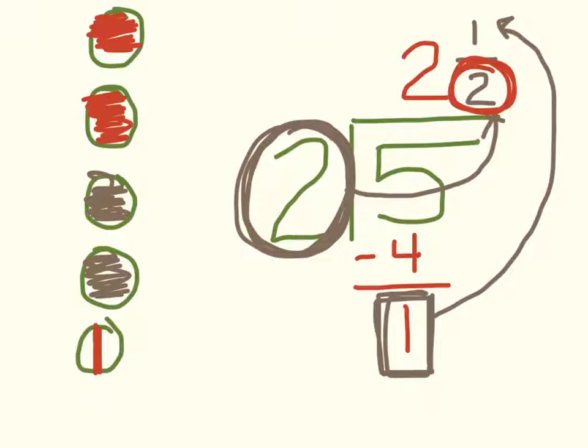And each friend will get 1 of those 2 pieces. So my first friend and my second friend. So each person got 2.